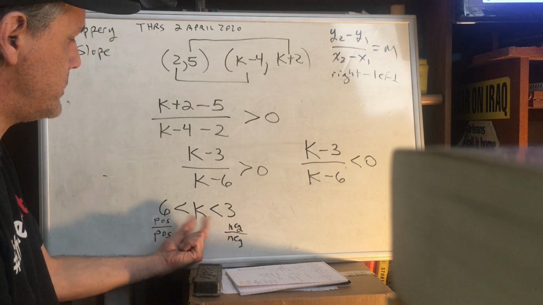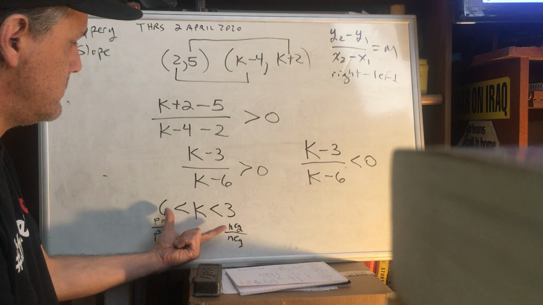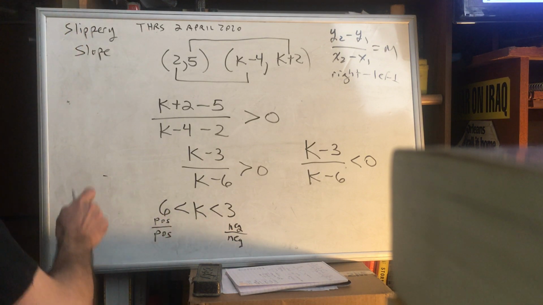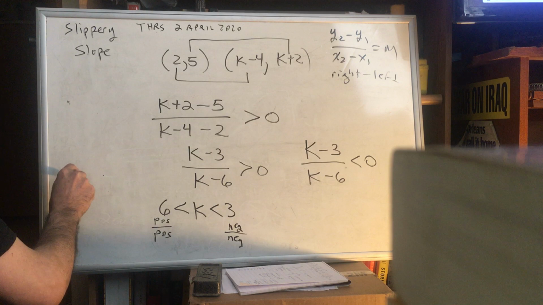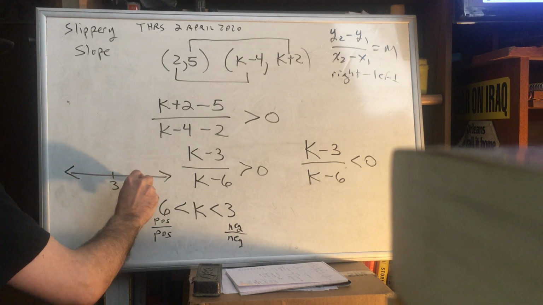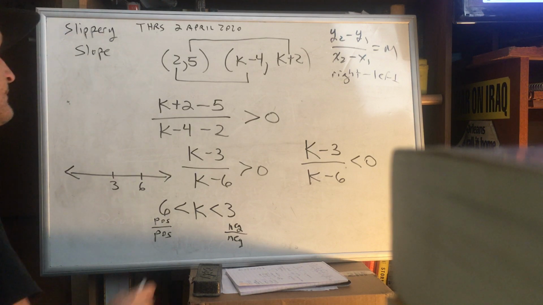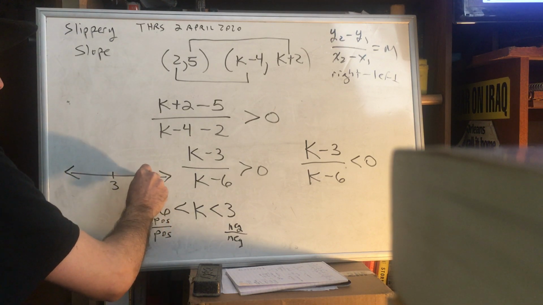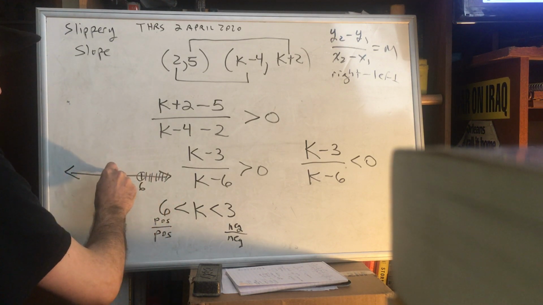So when we're less than 3, let's do a number line. Here's 3 and here's 6. So right now we've got greater than 6 and less than 3.